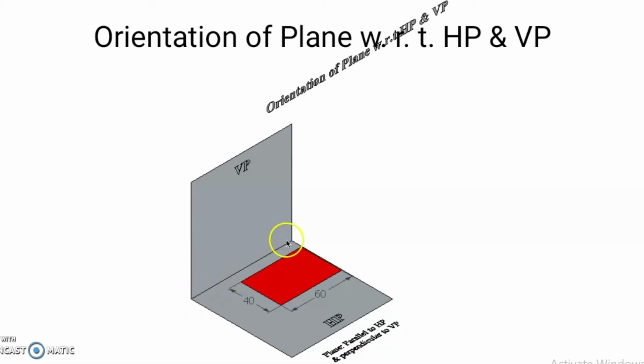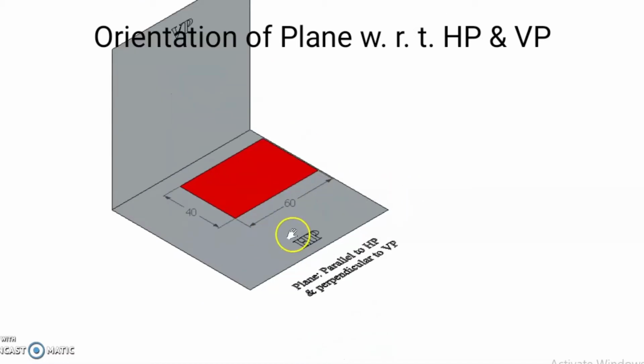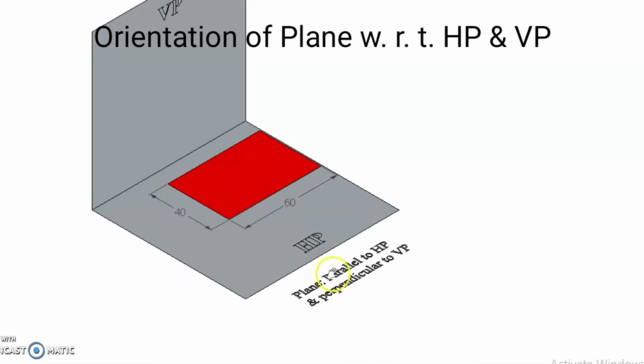The intersection of VP and HP is called the reference axis, and the plane which we have considered is a rectangular plane, shown in red color, of dimension 40 and this length is 60 millimeter. Now this is a case in which this rectangle is parallel to HP and perpendicular to VP. We have to draw its front view and top view.